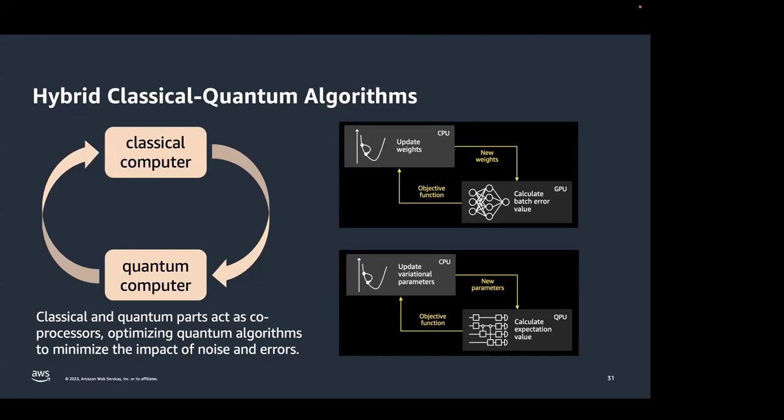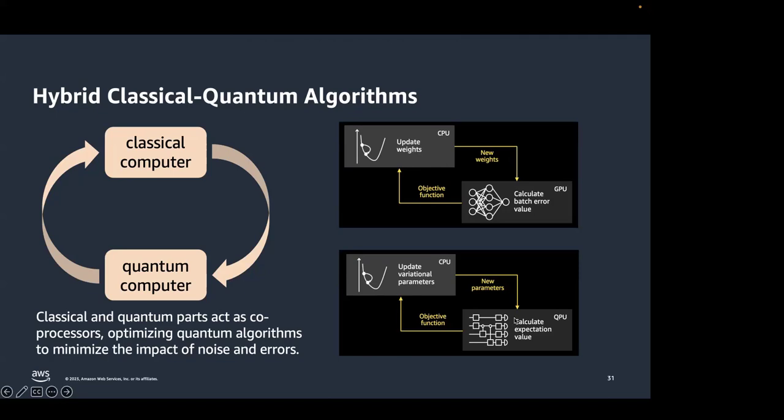In the same way as you would do with the neural network, you do it with the quantum circuits. The idea is that the gates in these quantum circuits have certain parameters, which play the role of the weights in a neural network, right? So in this diagram, CPUs are used to update the variational parameters of the circuit.